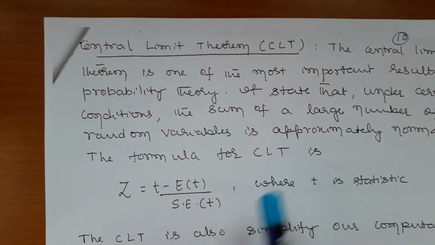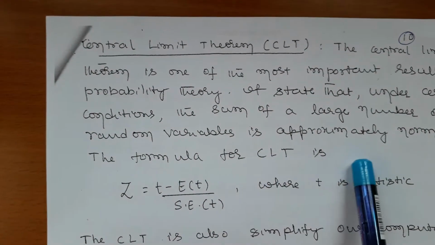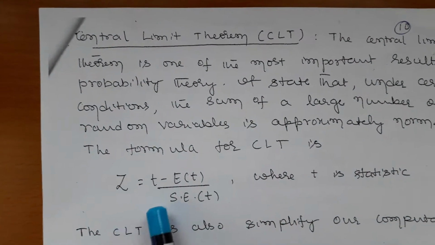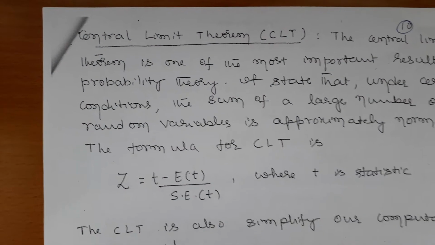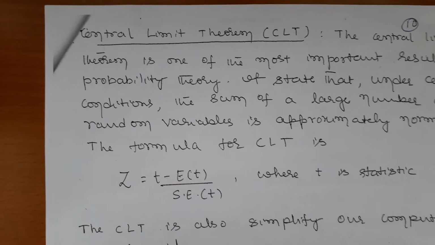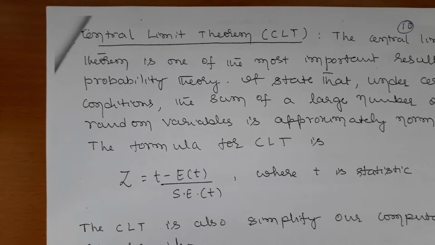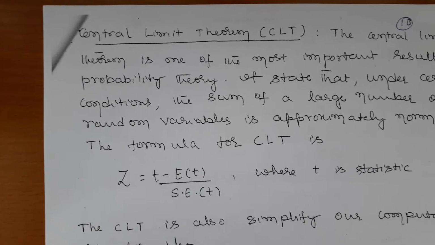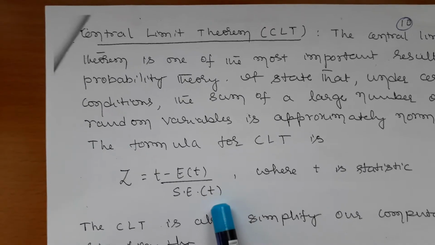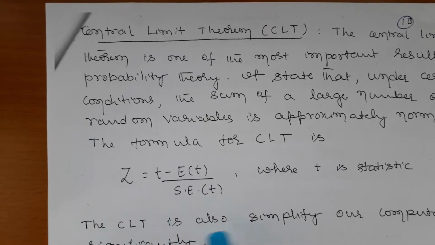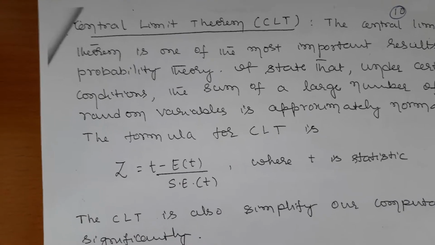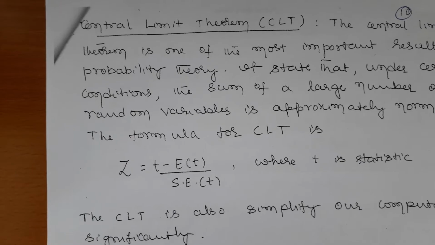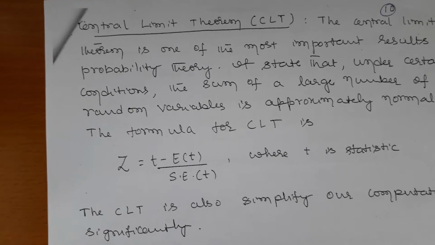The formula for the central limit theorem is Z equals T minus E of T divided by SE of T, where T is a statistic. Statistic means variance, proportion, mean or standard deviation of the sample. The central limit theorem also simplifies our computation significantly. This theorem is one of the important formulas.